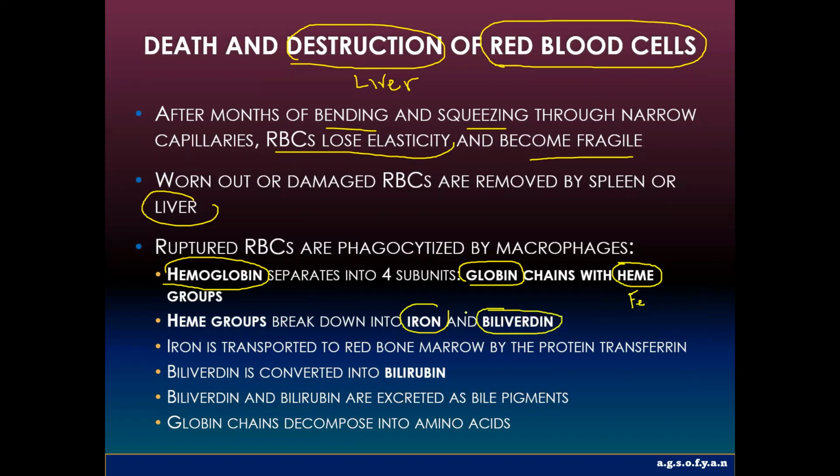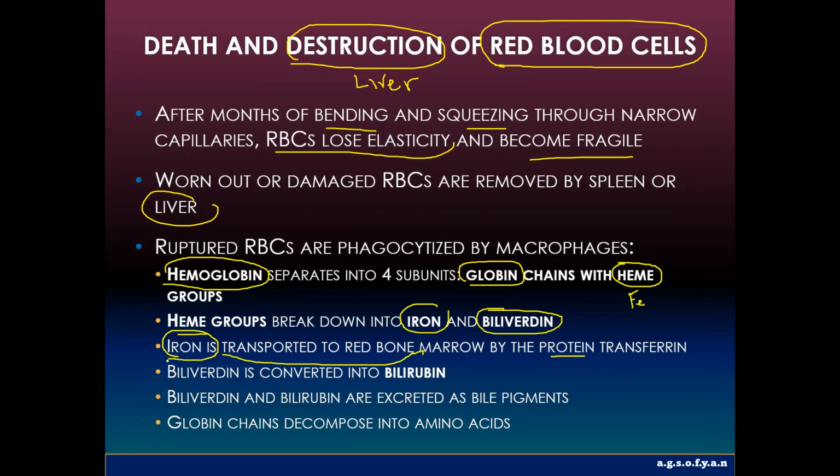So iron and biliverdin are the products of heme destruction in the liver. The iron can be used again, can be reused. It will be transported into the red marrow to produce the heme over there, the red part of the red blood cell.